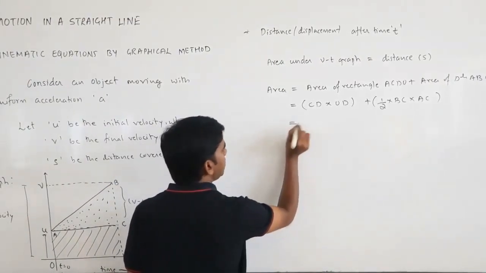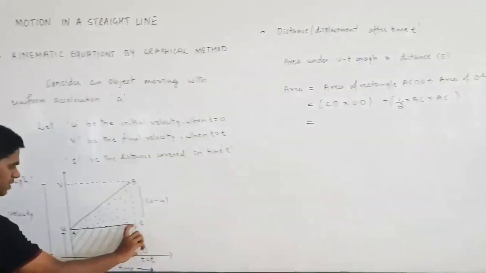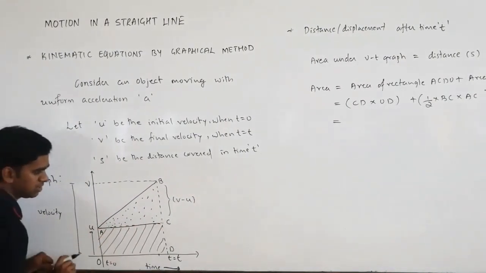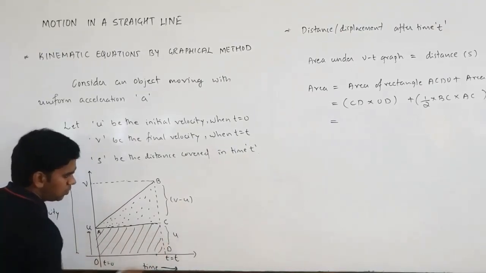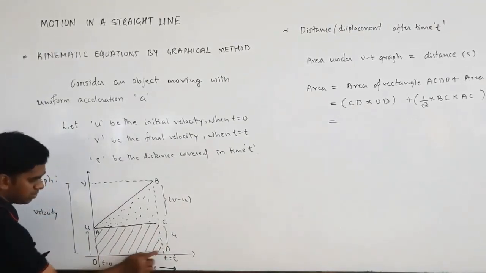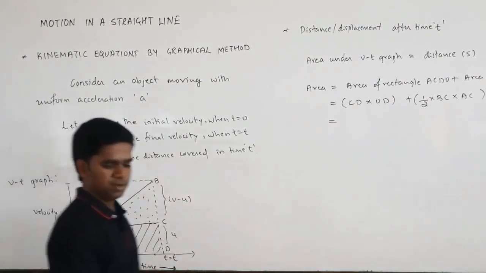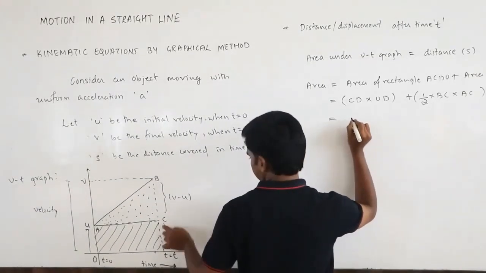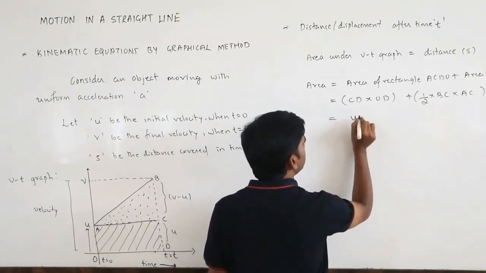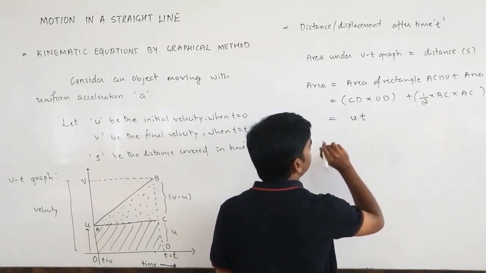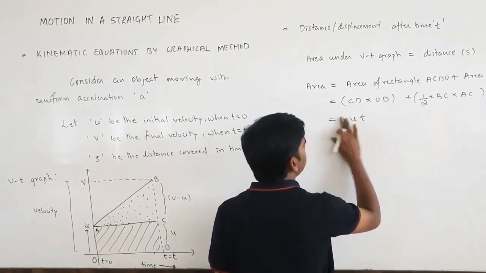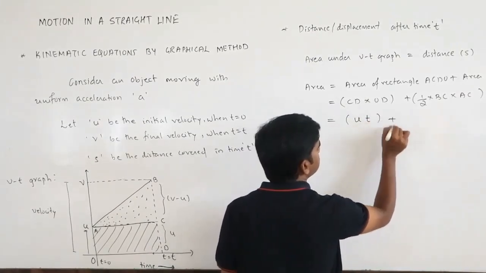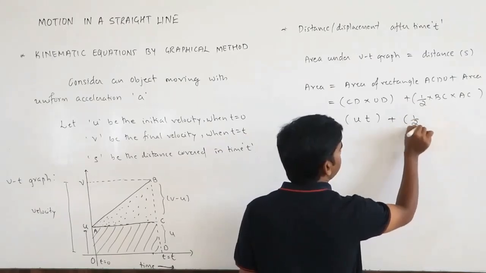Now what is CD? CD is nothing but U. From here to here, U is there. What is OD? OD is nothing but T, the time taken. So CD into OD is U into T. Plus here 1 by 2.